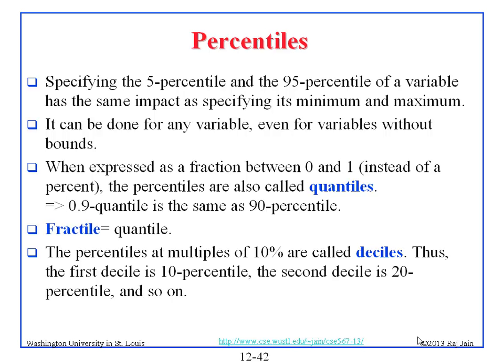Sometimes people call it fractile. At 10% they are called deciles, and at 25% they are called quartiles, which is the next slide. Anyway, the 5% and 95% percentiles we will use quite a bit. 90 percentile we will use quite a bit.